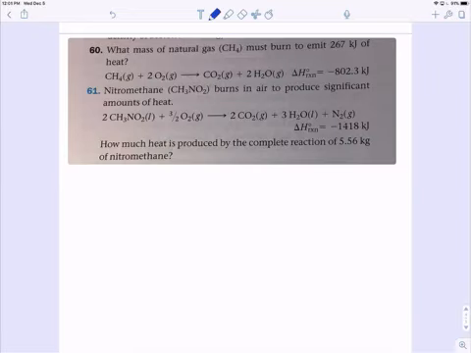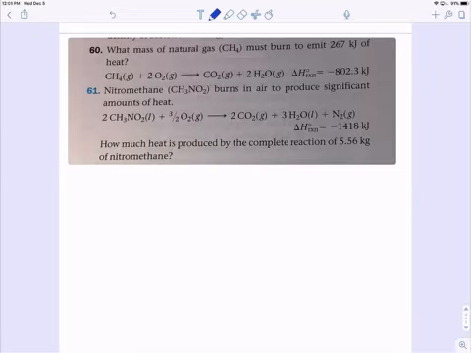So the next concept to remind you is to connect stoichiometry with heat of reaction. What mass of methane must burn to have 267 kilojoules of heat?